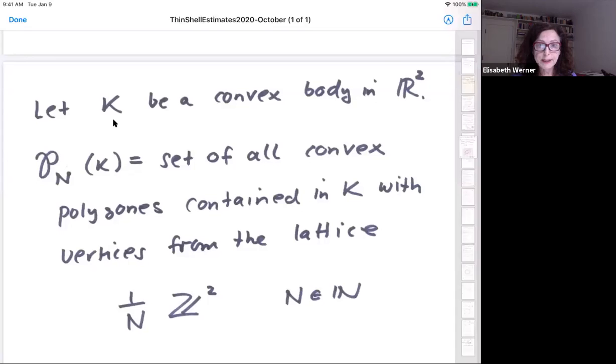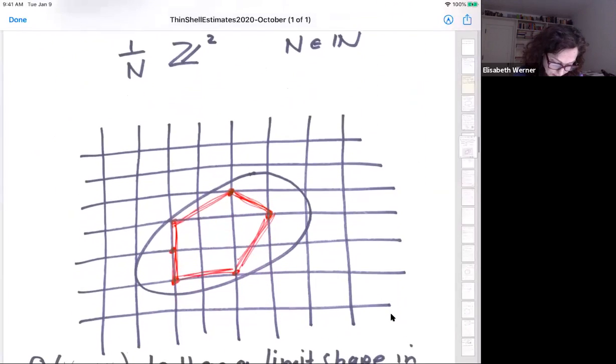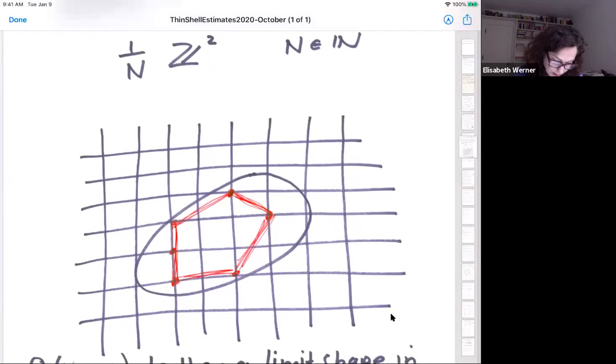So we look at K, a convex body in the plane, and by script P sub n of K, I denote the set of all convex polygons that are contained in K, where we pick the vertices from the lattice Z squared over n, where n is a natural number. I have a picture here.